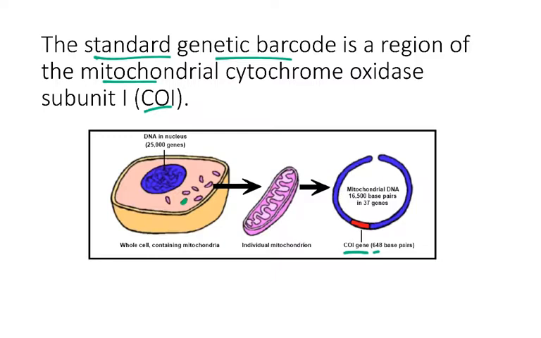One of them is that, as we've talked about before, some markers have universal primers available that work for a wide range of species. CO1 is one of those genes that has universal primers available.